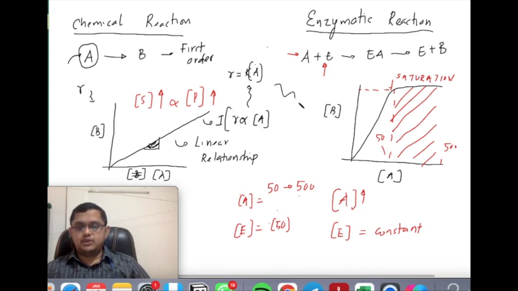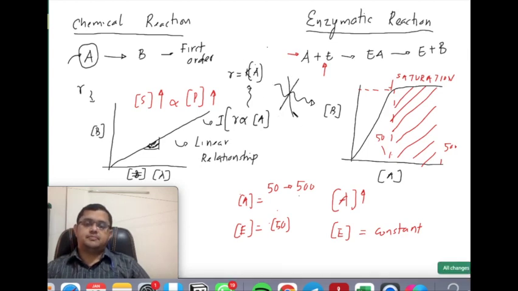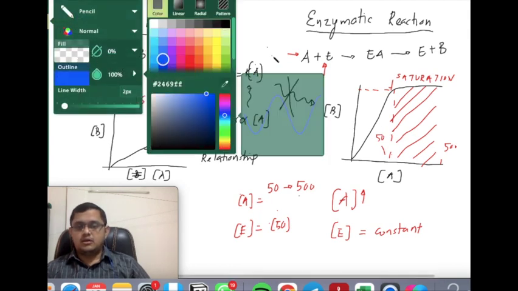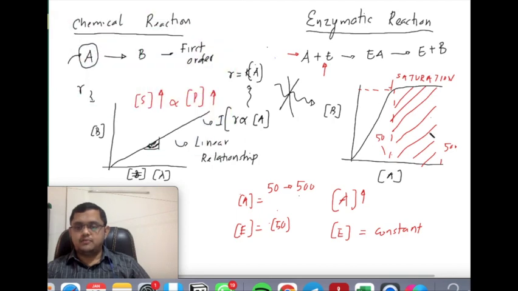But if I try to use this formula in this enzymatic reaction, this will not happen. The reason is, if you look at this graph, it says it is not only a first order reaction, it is a combination.